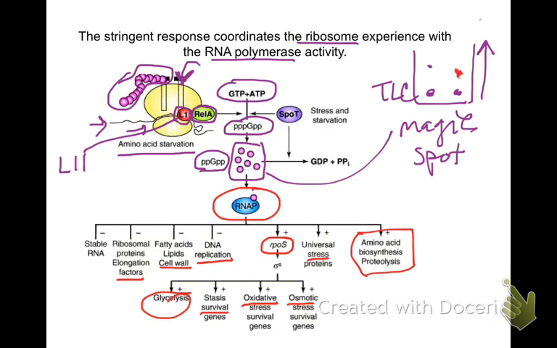I'm not going to talk about SpoT. It is another enzyme that can carry out the reaction to produce the guanosine pentaphosphate or tetraphosphate, and it is activated in response to stress and starvation also.